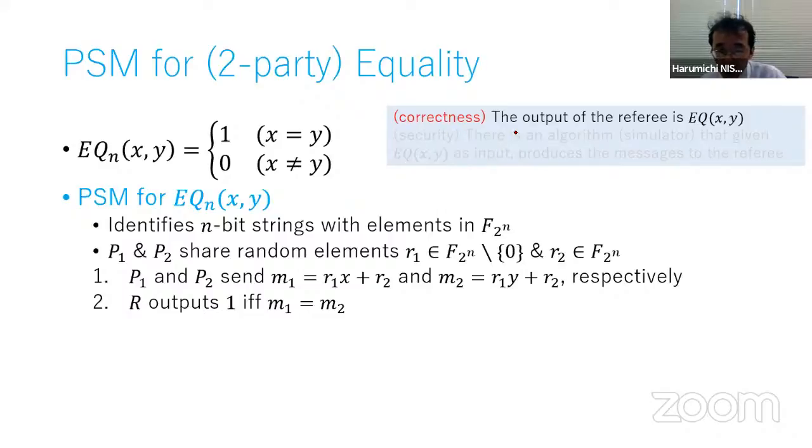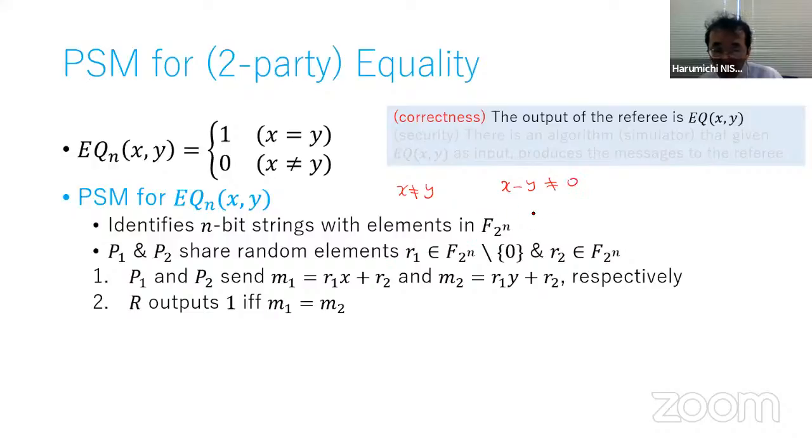Now, correctness is trivial because if X equals Y, then of course M1 equals M2. On the other hand, if X not equal Y, then X minus Y is not 0.